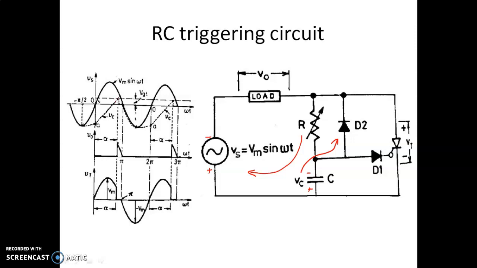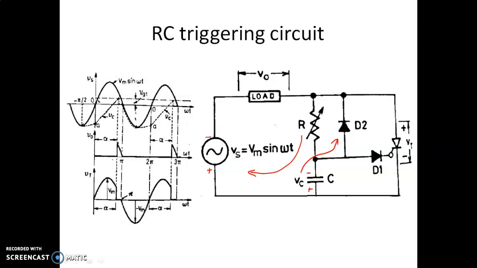When it reaches the voltage VGT, that is the minimum voltage required for triggering, the thyristor turns on. When the thyristor turns on, the portion of the input after the thyristor triggering comes across the load.